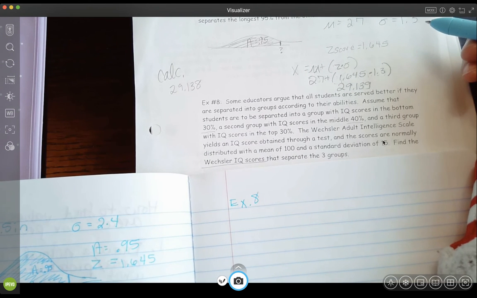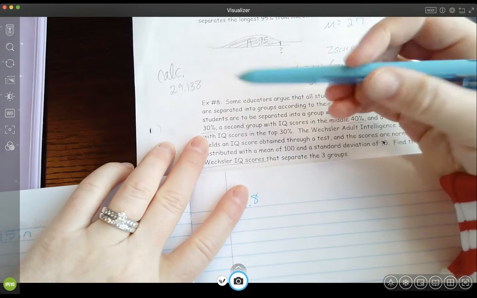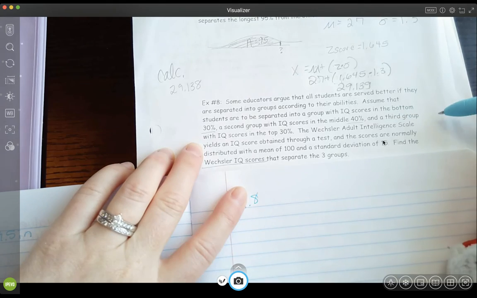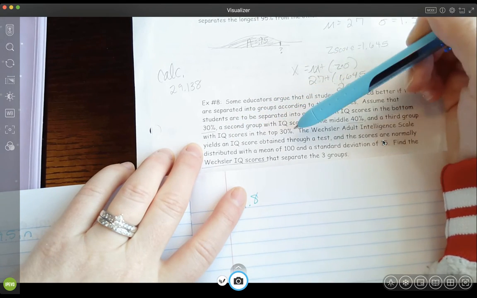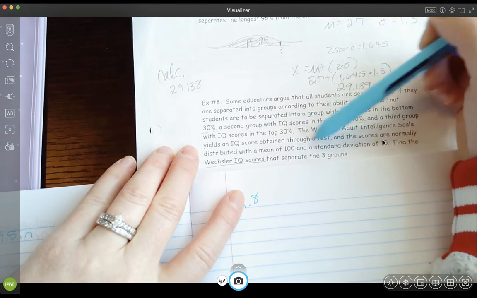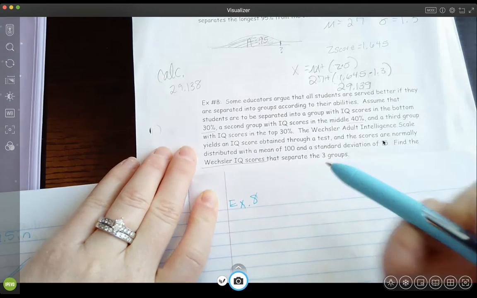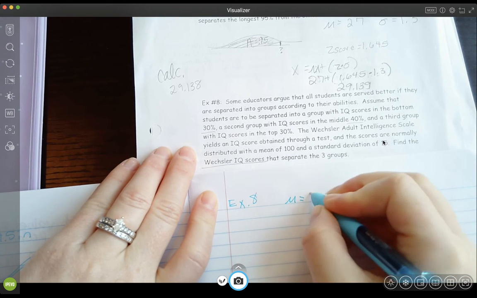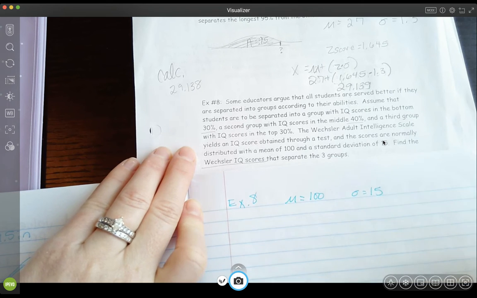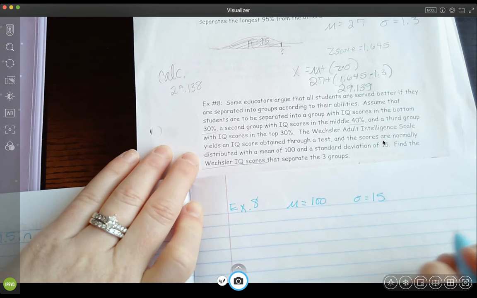Assume that students are to be separated into groups with IQ scores in the bottom 30%, a student group of IQ scores in the middle 40, and then a third group with IQ scores in the top 30. The scale yields the IQ score obtained through a test, and the scores are normally distributed. The mean is 100, standard deviation of 15. Find how it's separated into the 3 groups.